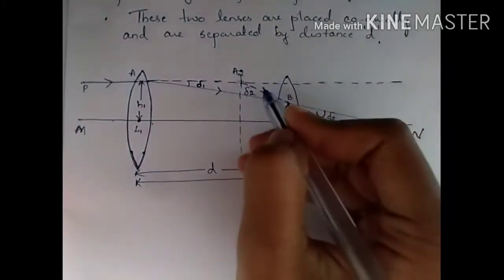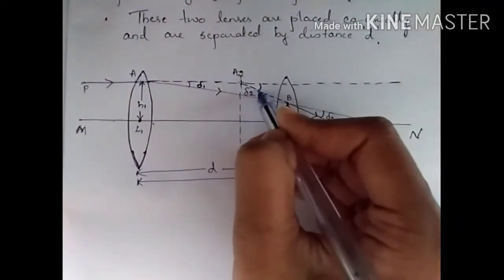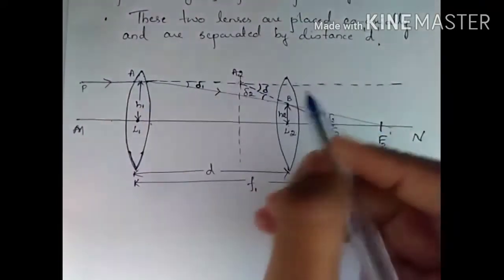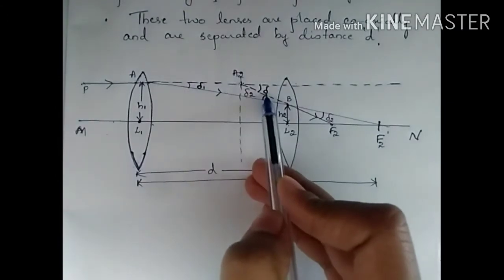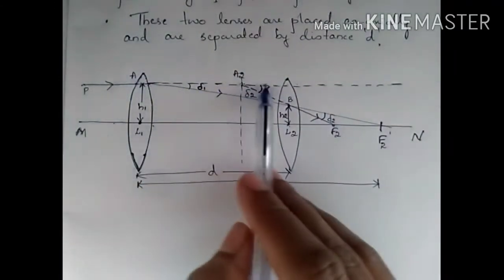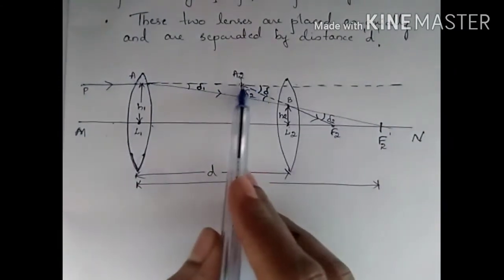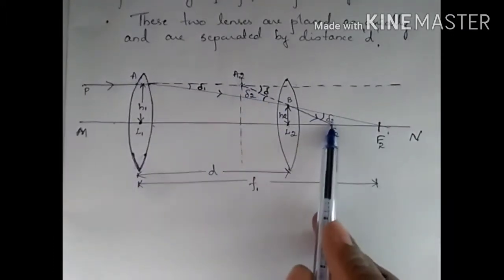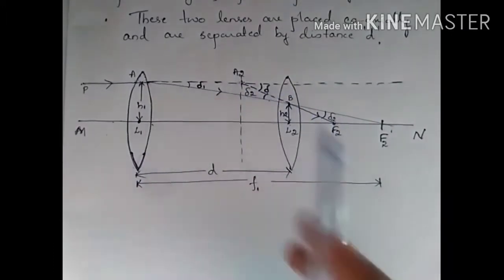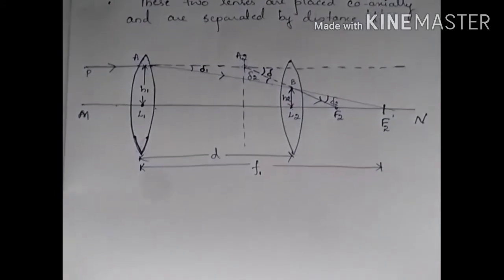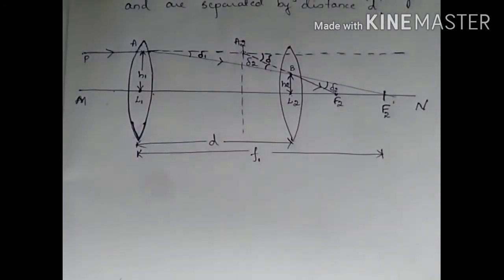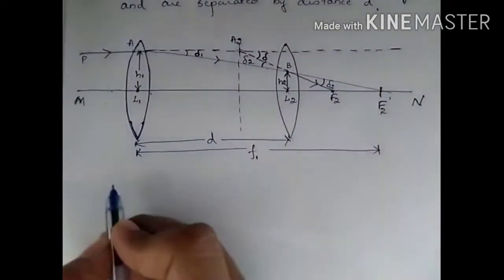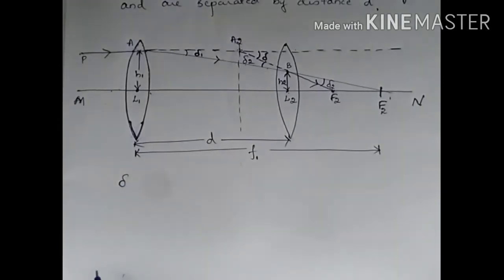Before that, if you see here, there is another angle delta. This is the overall deviation for this incident ray. This is the incident ray and this is the refracted ray, so this is the overall deviation. With this, I can write delta equals, the exterior angle equals the sum of interior angles.